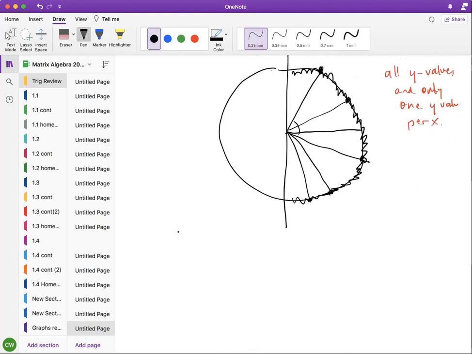So what we can do is say, let's restrict sine to look at only negative pi over 2 to pi over 2.